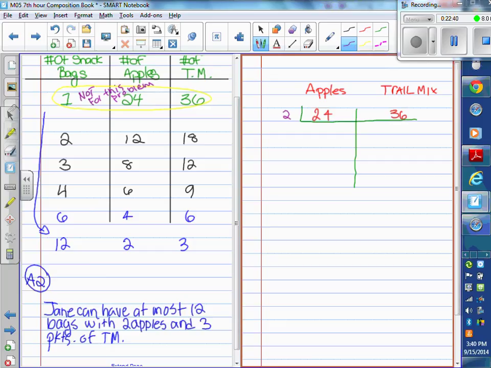For example, 24 divided by 2 is 12. 36 divided by 2 is 18. And you could say 6 goes into 12 and 18. 6 goes into 12 twice, and into 18 3 times. Now, since 2 and 3 only have 1 as a common factor, you know your greatest common factor is 2 times 6, which is 12, and that gives us 12 snack bags.